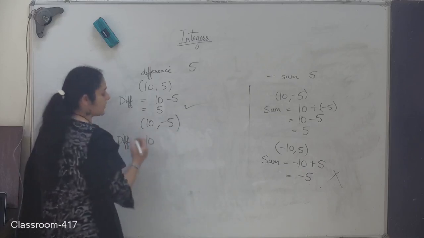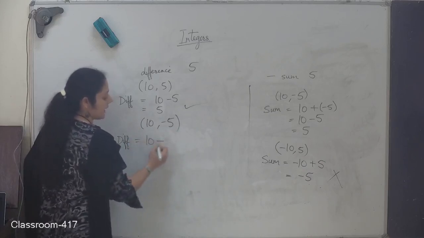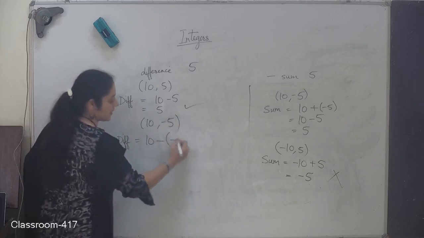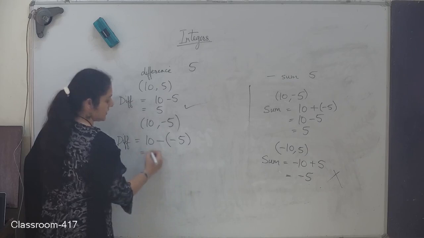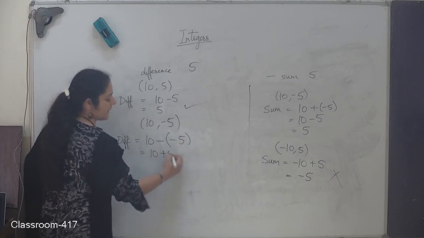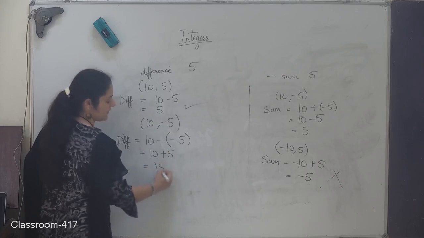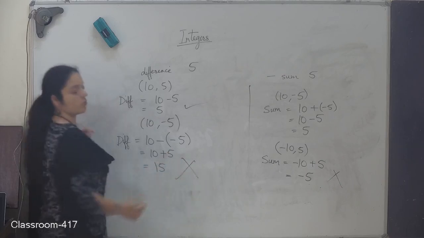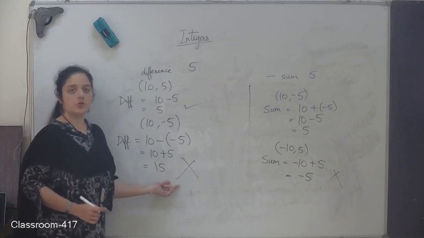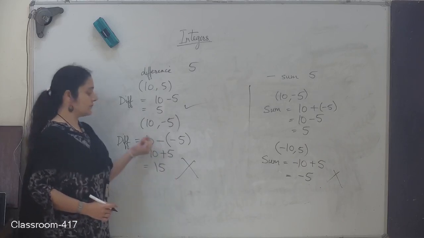So when I have to find out the difference, I have a negative sign for subtraction and then my original number. So this in effect becomes 10 minus minus 5, which is plus, and becomes 15. So this is not what was asked.